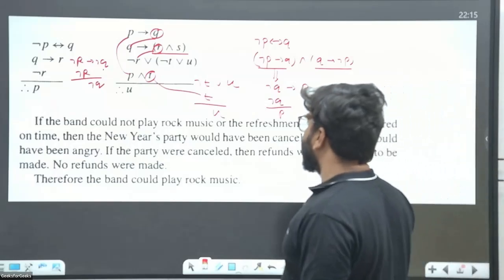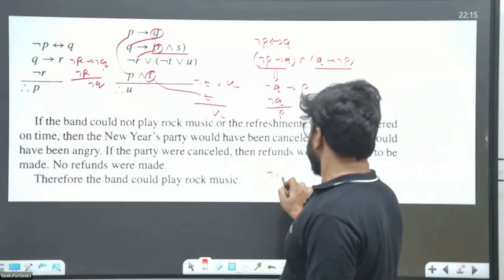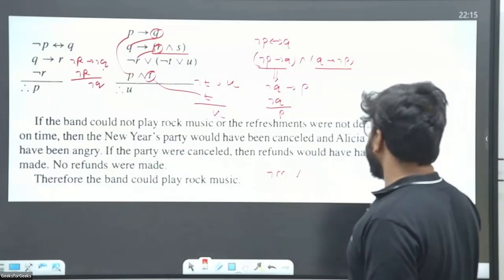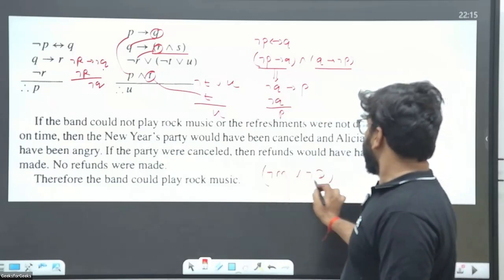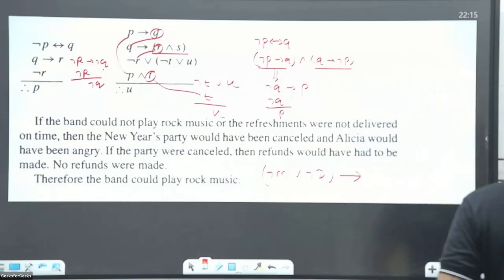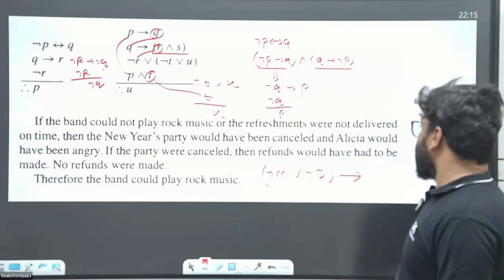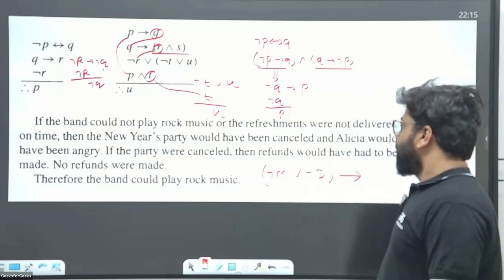If the band could not play rock music, that means negation of M, music, or the refreshments were not delivered on time, right?